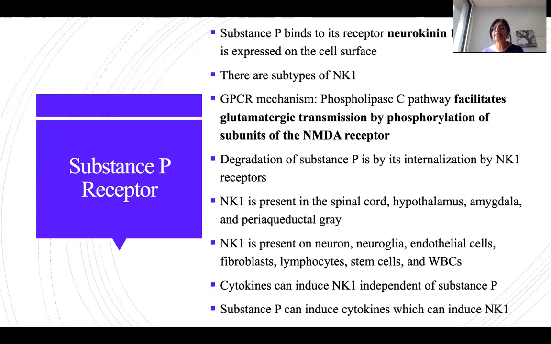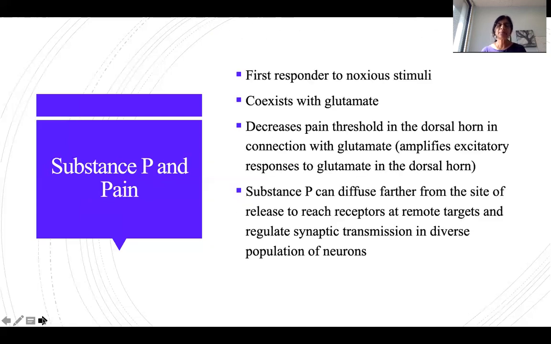So basically, it's the paracrine effect that you see. I activate you, you activate me, and we both activate the target cell kind of approach is what is used here. Okay, good. Now, substance P and its role specifically in the processing of pain.